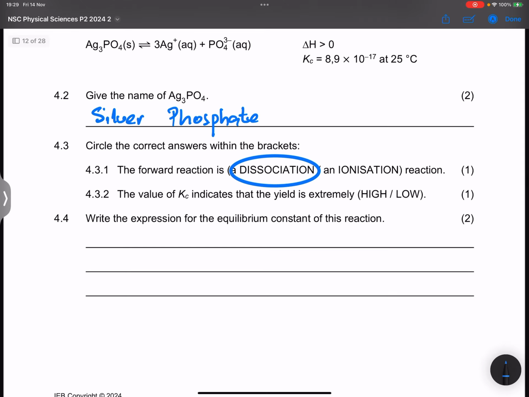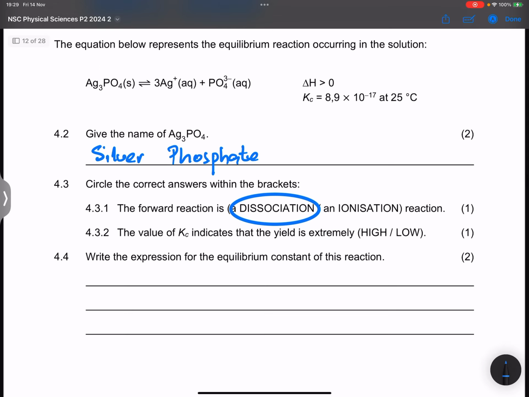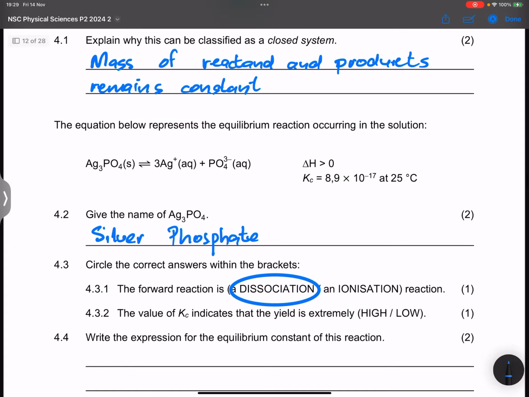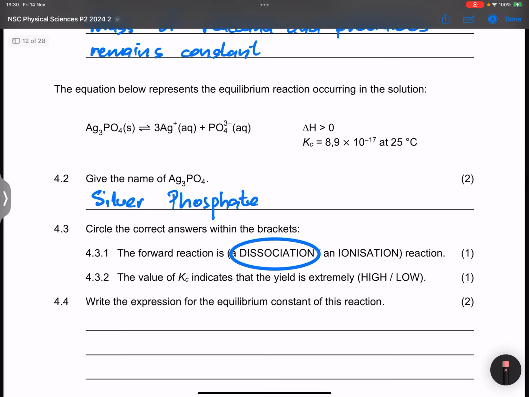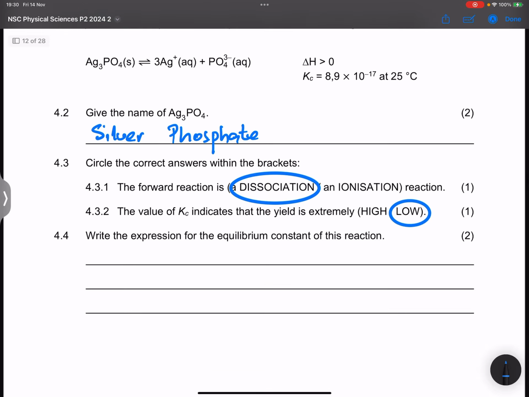Then they say the value of Kc indicates that the yield is extremely... Now notice the Kc value is very small, so it's telling us that the yield is very low. They say, write down the expression for the equilibrium constant for this reaction.